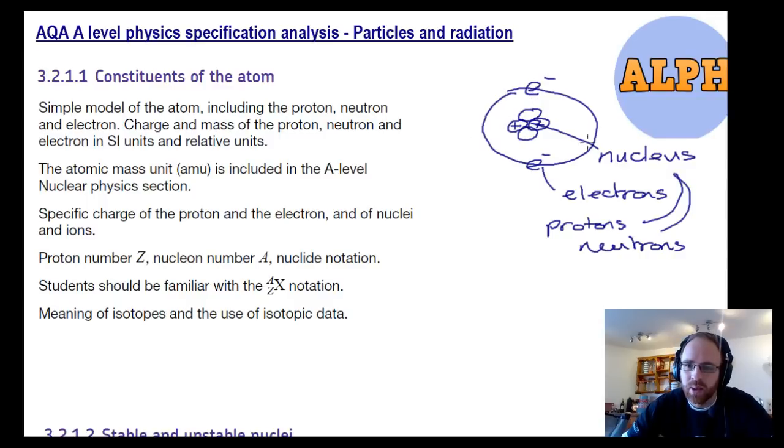We're doing it in this way with shells, because we need to talk about shells later. Shells will come into the quantum part of this topic, and we'll do energy levels in atoms. So we need to talk about the relative charge and mass, and the SI charge and mass.